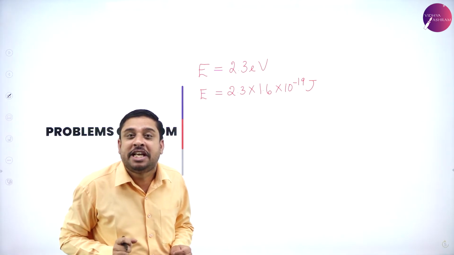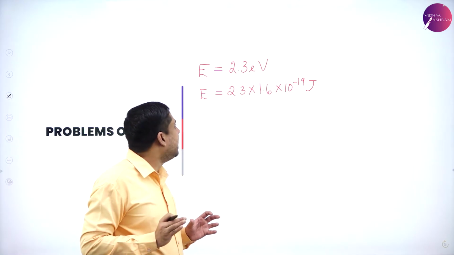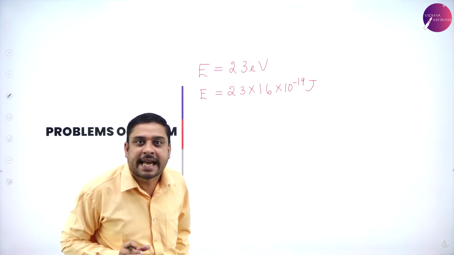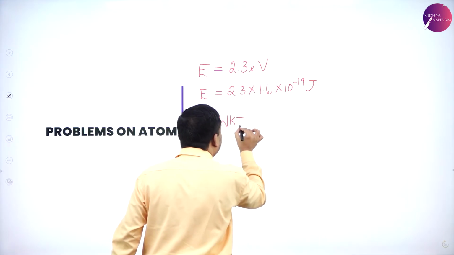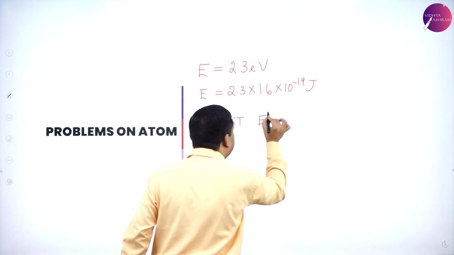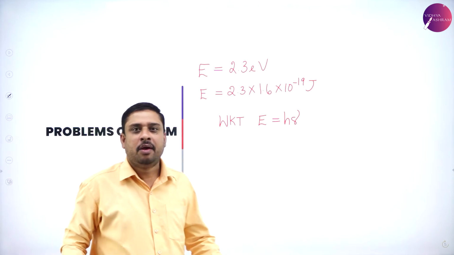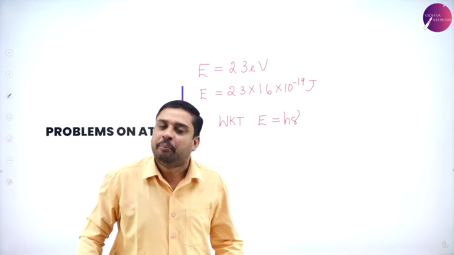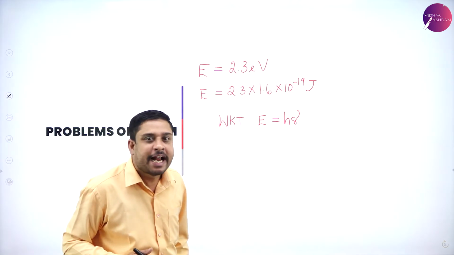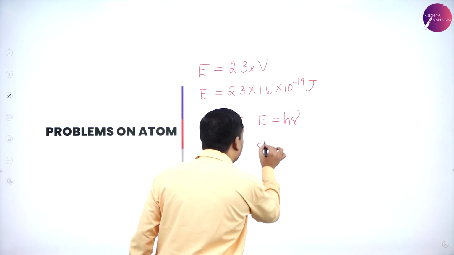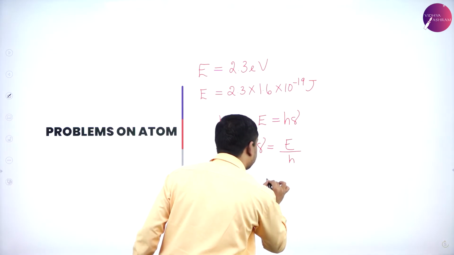How do I calculate frequency? Do I know a relationship relating energy and frequency? Very good. So we know that energy is equal to h nu. What is h? Planck's constant. Nu, frequency of radiation. So nu is E divided by h.